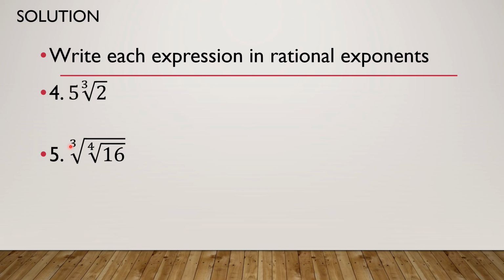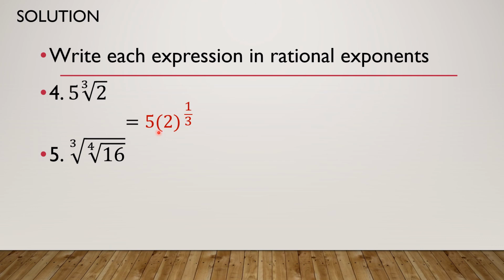Number 4, 5 cube root of 2. Kung mapapansin nyo yung 5, hindi po siya kasama sa radical form. So, yung 5 na ito ay kokopyahin lamang po natin kasi hindi naman po siya rational exponent. 5. Then, gagamit po tayo ng parenthesis para po mapaghiwalay natin yung 5 at 2.